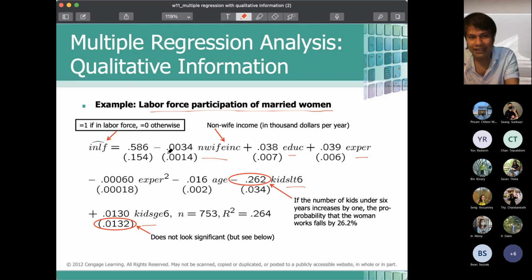Sorry, in percent, so we should say 0.34%. Again, if the non-wife income increased by 1 unit, it will reduce the probability. Why do I say reduce? Because this is negative, right? It will reduce the probability of a married woman to join the labor force by 0.34%.